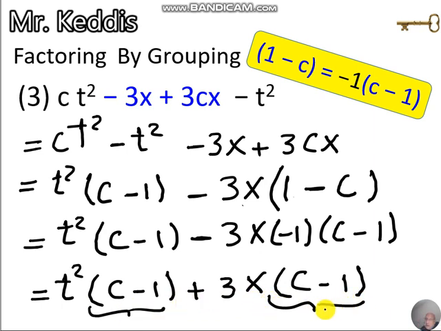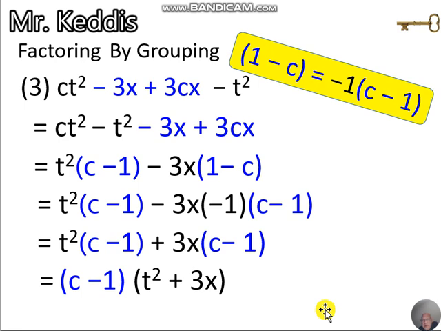I will continue on the next slide. C minus 1 here is a common factor. If you multiply by t squared, you get the first term. If you multiply c minus 1 by 3x, you get the second term.